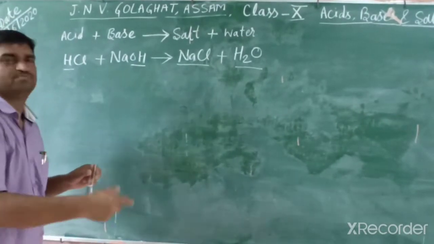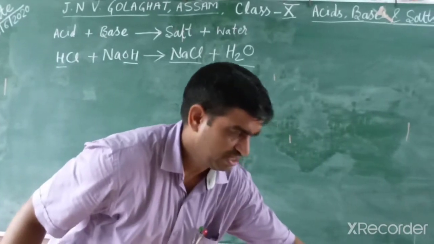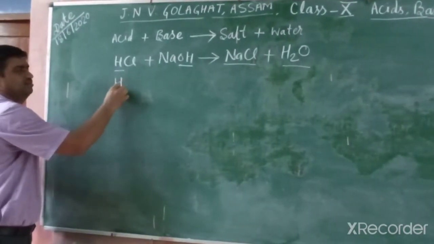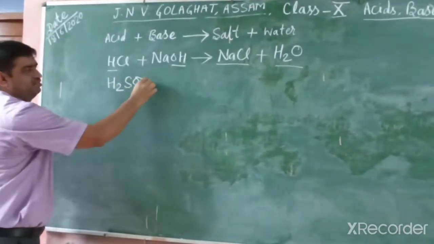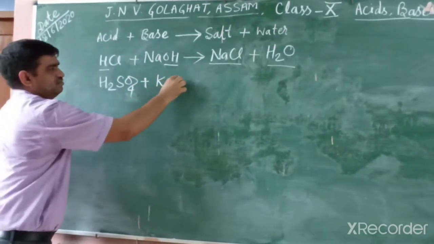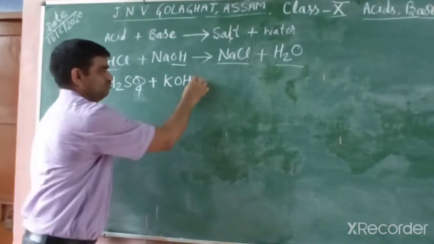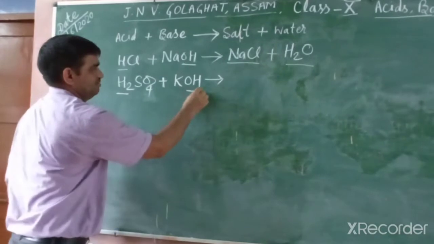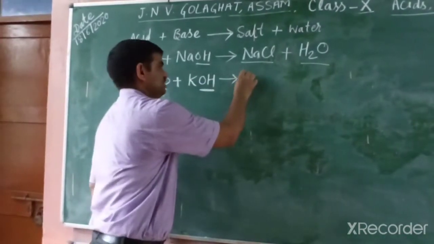We can write more reactions in such a way. Another acid is sulfuric acid, H2SO4, and another base is potassium hydroxide. When they react, they also form a salt and water, because acid has hydrogen ion, base has hydroxyl ion, and they convert into a salt.